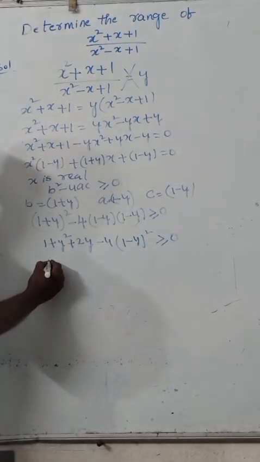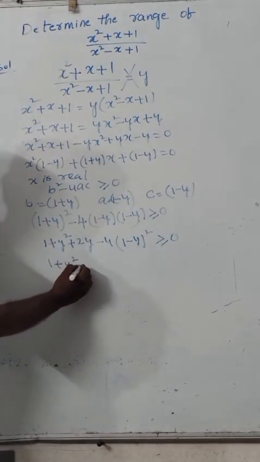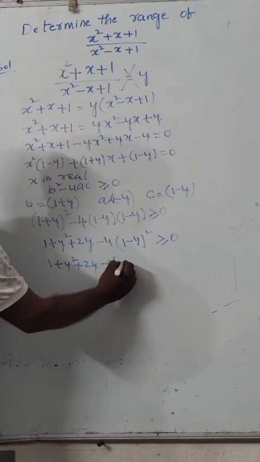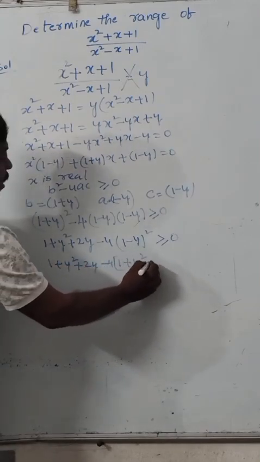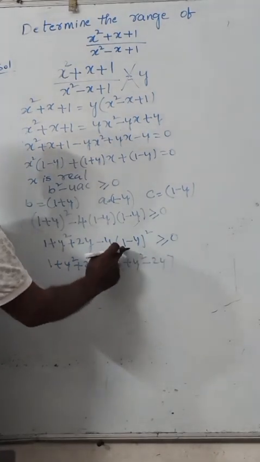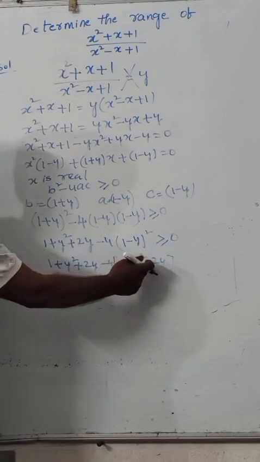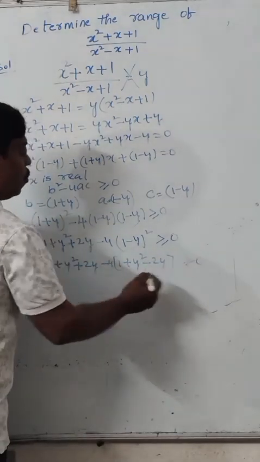So 1 plus y square plus 2y minus 4 of (1 plus y square minus 2y). Why? Because here it is (a minus b) whole square, a square plus b square minus 2ab, is greater than or equal to 0.